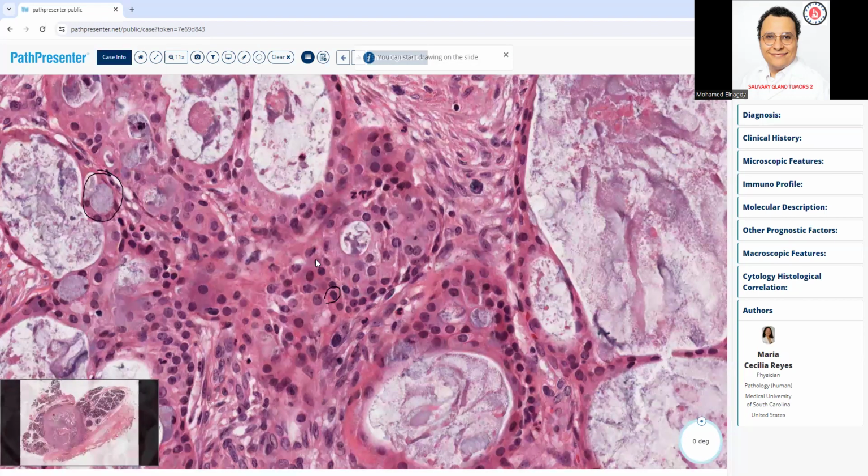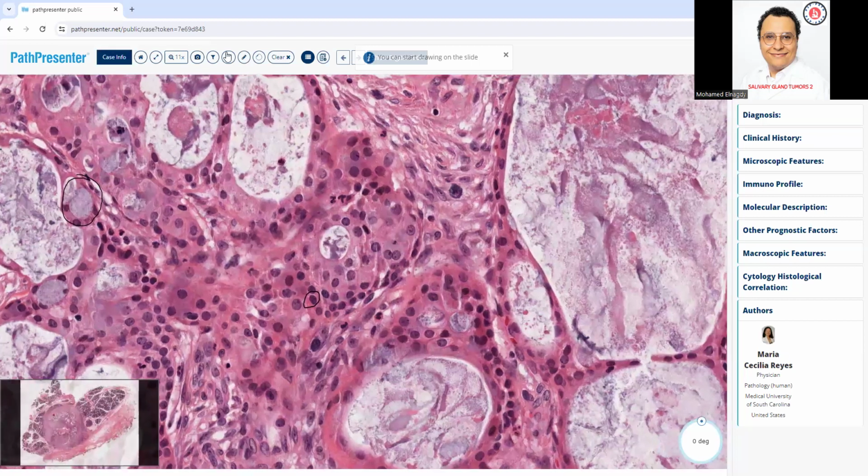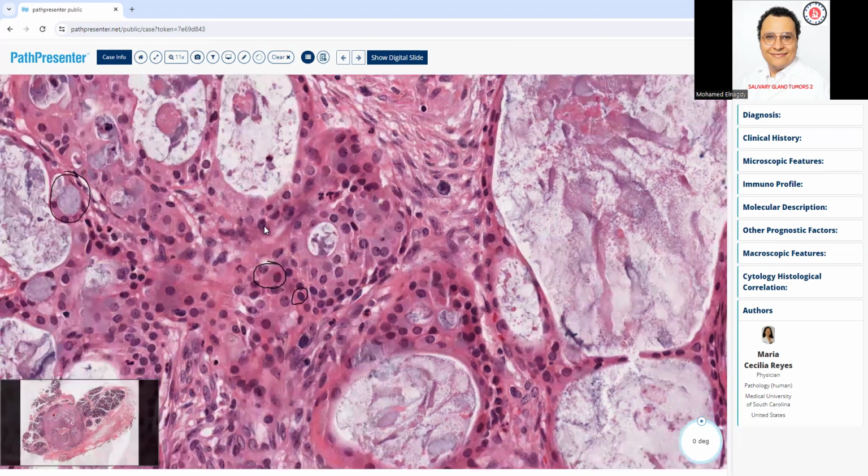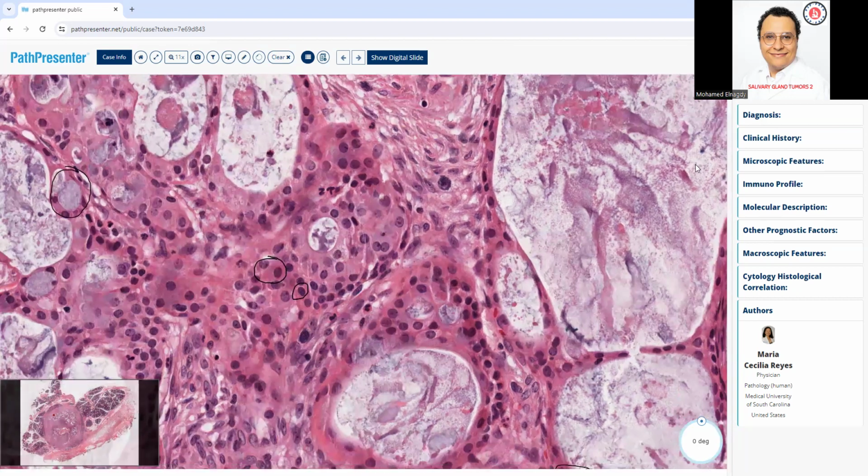See these red-looking cells, which don't have mucin in their cytoplasm? These are the squamoid component, or the epithelial component. So that's mucoepidermoid, and I would say it's highly likely a high-grade mucoepidermoid.